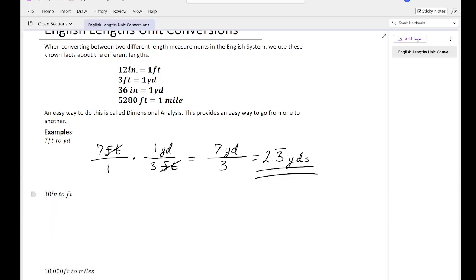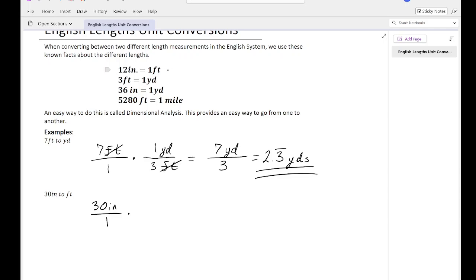We're going to do it again with 30 inches to feet. Again, we're going to start off with our starting unit measure, excuse me, which is 30 inches. So 30 inches over 1. And we're going to end at feet. So again, I'm going to look up here and see where I got feet and inches if I can. Well, I got 12 inches to a foot.